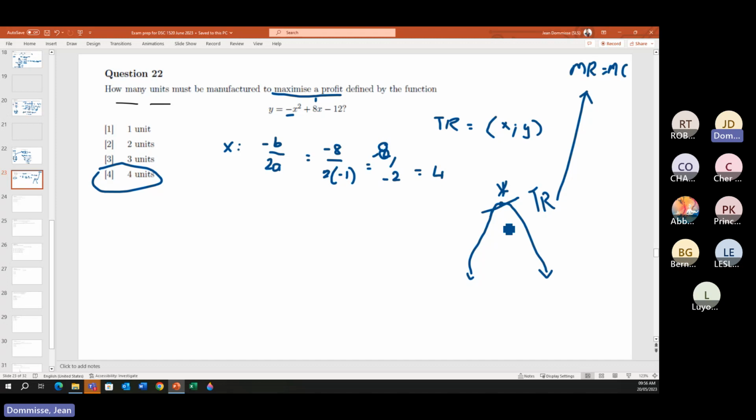And when you look at the turning point, let's just make some kind of graph here. So let's say that was the turning point, or that was the rest of a graph.